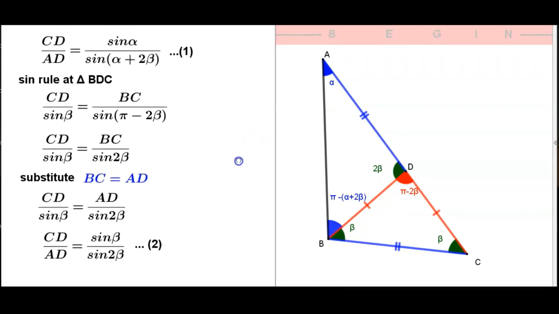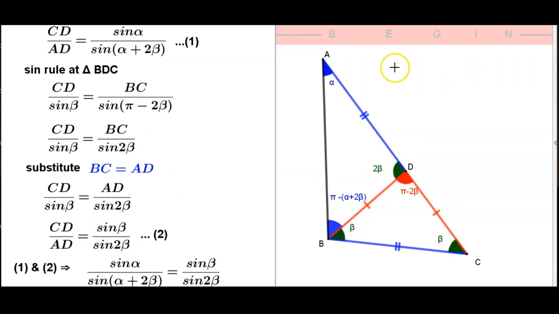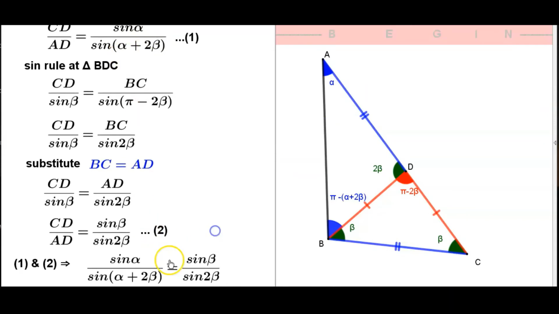Now consider equation number 1 and number 2. In 1 and 2, this quantity is equal to this quantity. That means sine alpha over sine of alpha plus 2 beta is equal to sine beta over sine 2 beta.